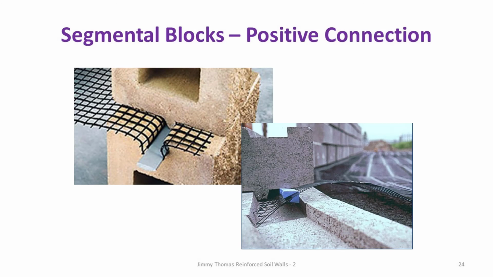Then we can have positive connection, different types of arrangements, this type, and we can have this type of connector. And again, it may not be applicable for all geosynthetics. This type of connector we can only use for what are known as rigid grids, like high density polyethylene, like a tensar grid. If you try to do this with a polyester grid, it will not work, because here we don't have this junction strength.